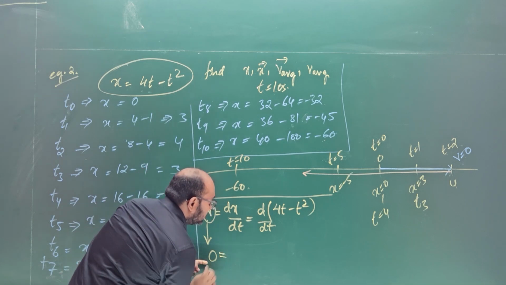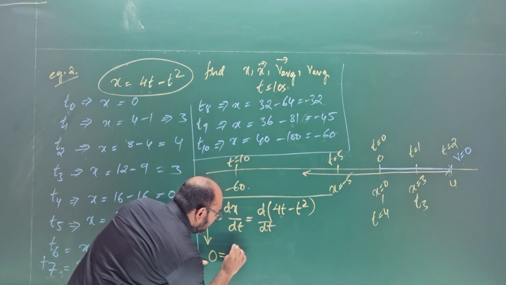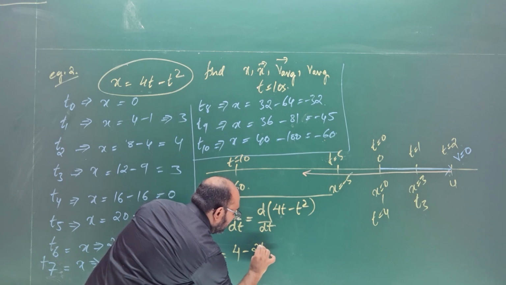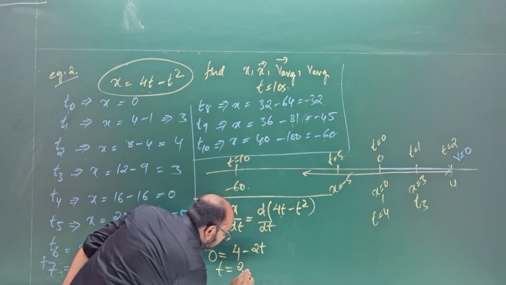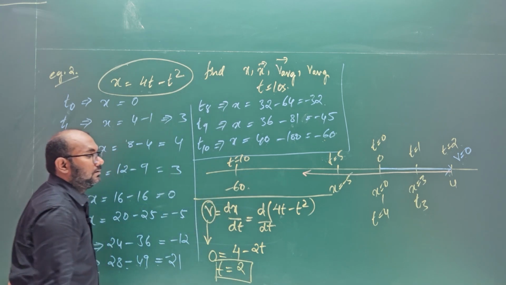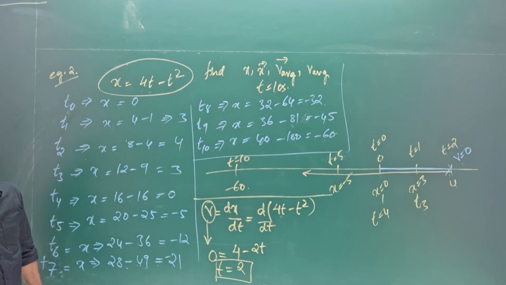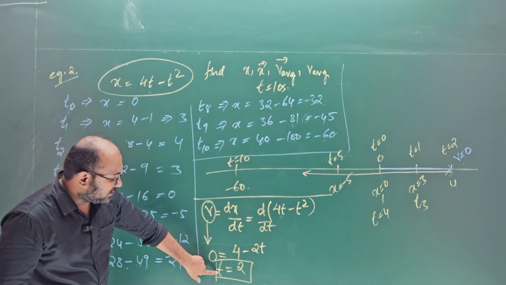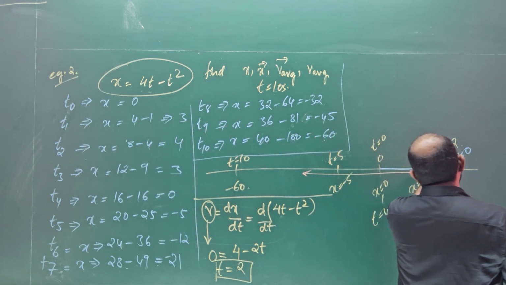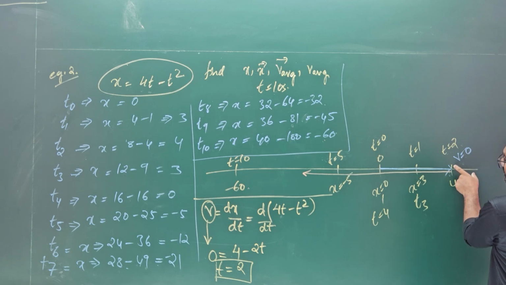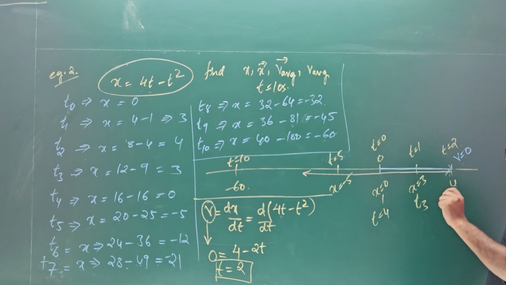So 0 equals 4 minus 2t, or t becomes 4 divided by 2, that is 2. At t equals 2 seconds, velocity is becoming 0. If velocity is becoming 0, that means definitely the object is turning its path.